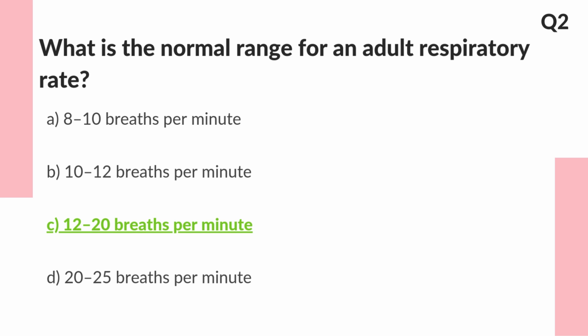And if the respiratory rate is above 20, it's called tachypnea, or increased respiratory rate. Remember, the respiration is counted for 1 full minute. It's not counted for half a minute and multiplied. Never. It's counted for 1 full minute.